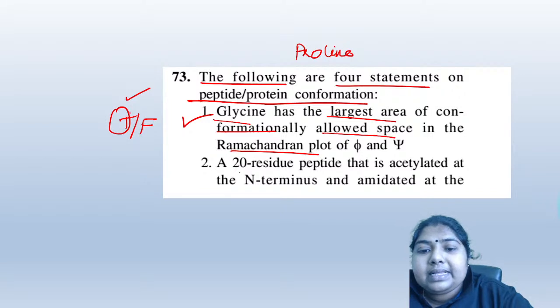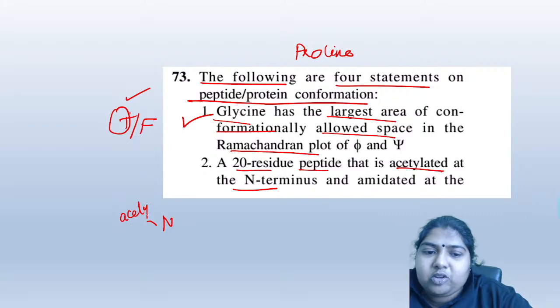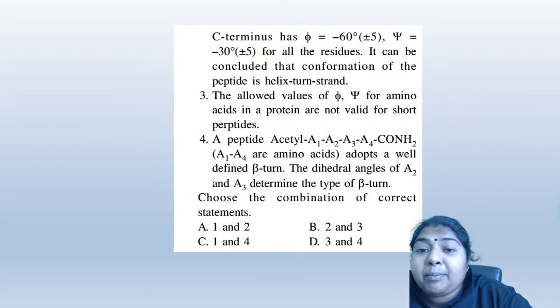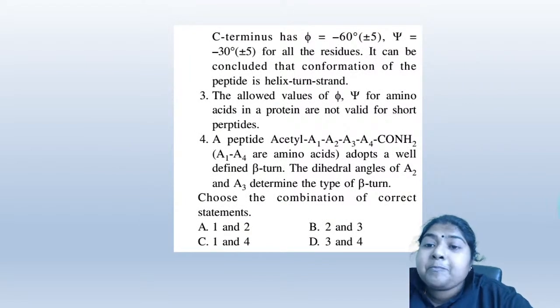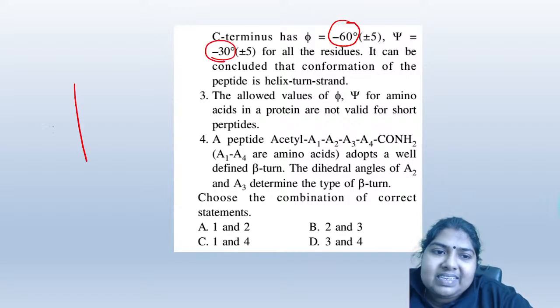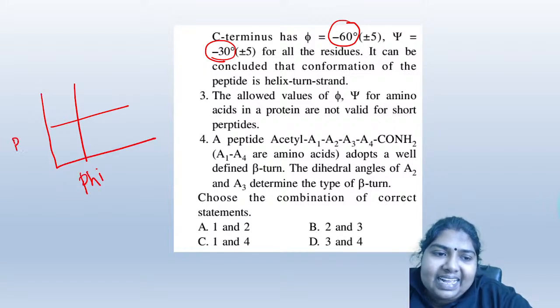Next point. The 20 residue peptide, which is acetylated at the N terminus. Acetylated means it is having an acetyl group. So an acetyl group is added to the N terminus. It is amidated at the C terminus. It has -60 and -30. So, see, this is going to be your phi angle. This is going to be your psi angle.